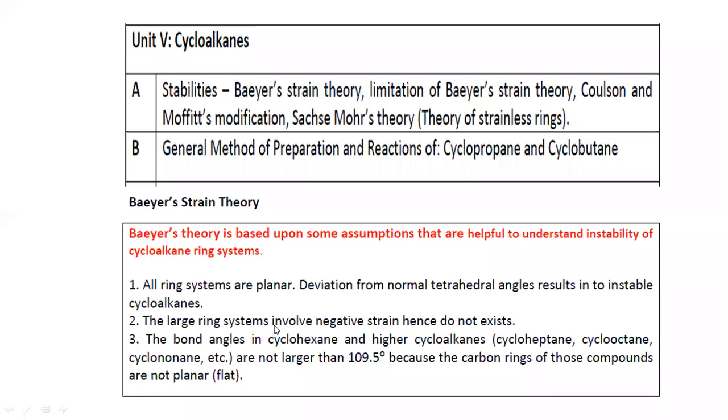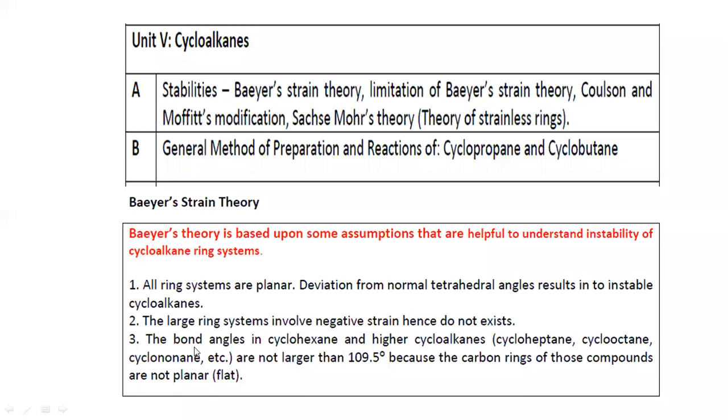Our first feature of Bayer's strain theory is that all the rings are planar, but there is deviation from the normal tetrahedral angle. This is the first postulate. The second postulate is that larger ring systems involve negative strain, so they do not exist.